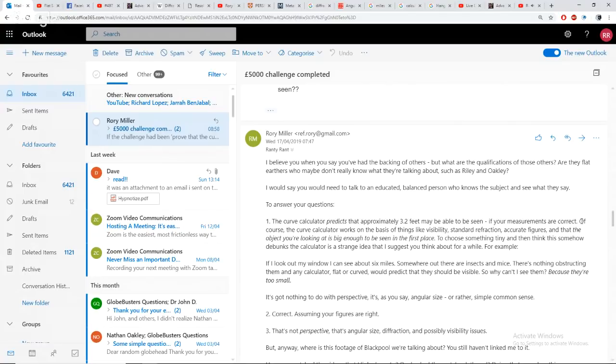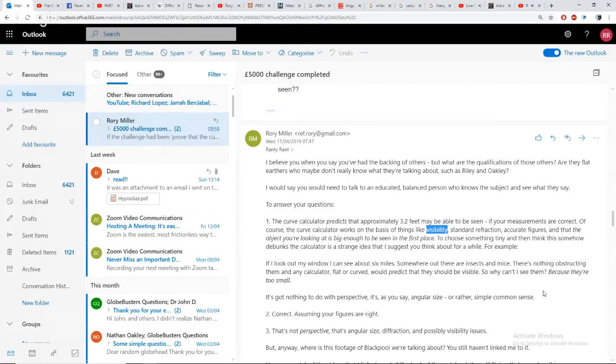This is the best bit though. Of course, the curve calculator works on the basis of things like, are you ready for this, guys? Visibility. Lies. The curve calculators do not work on visibility.